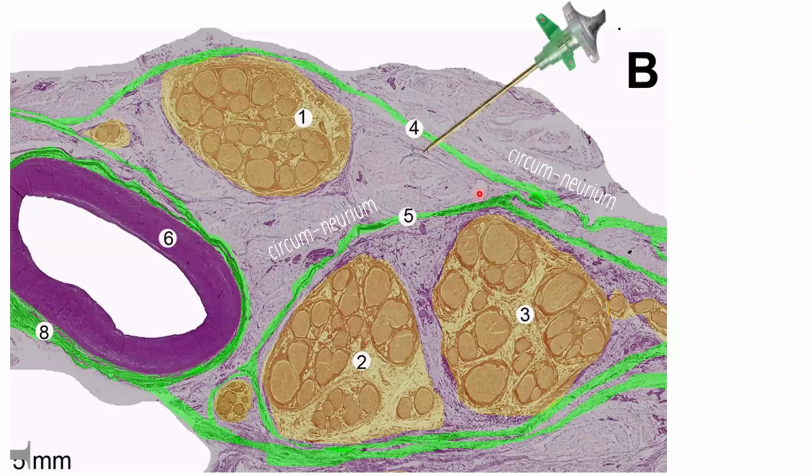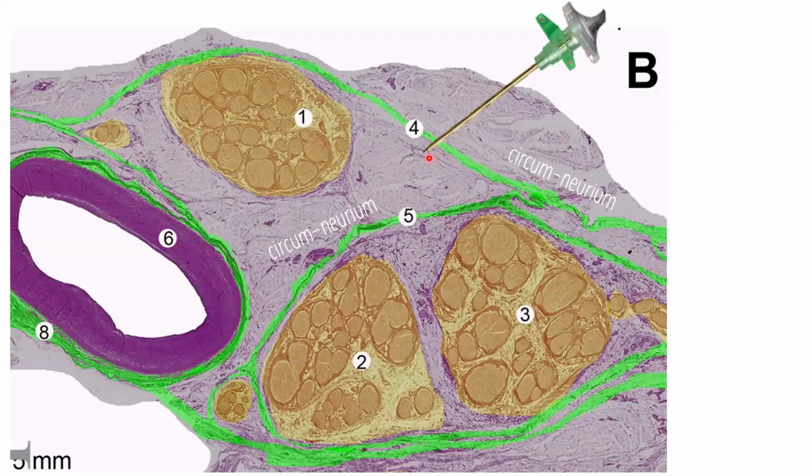Now, if we penetrate the circumneurium, it probably becomes intraneural, but it's not going to cause any peripheral nerve injury histologically, because the local anesthetic can spread in the internal epineurium, or in all the connective tissues, and it's not going to cause damage to any of these cords.